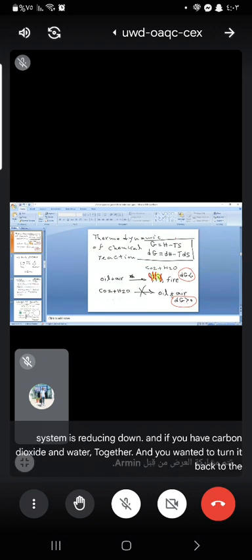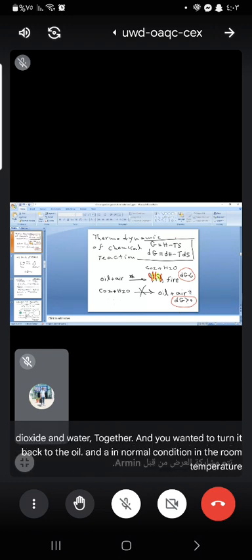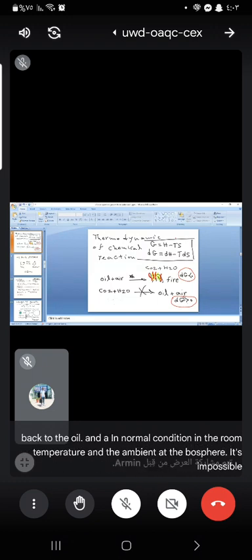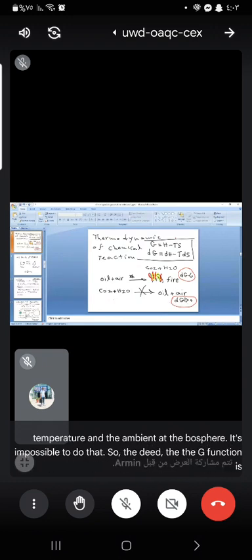If you have carbon dioxide and water together and you wanted to turn it back to oil and air in normal conditions, at room temperature and in the ambient atmosphere, it's impossible to do that. So the G function is increasing in that direction.